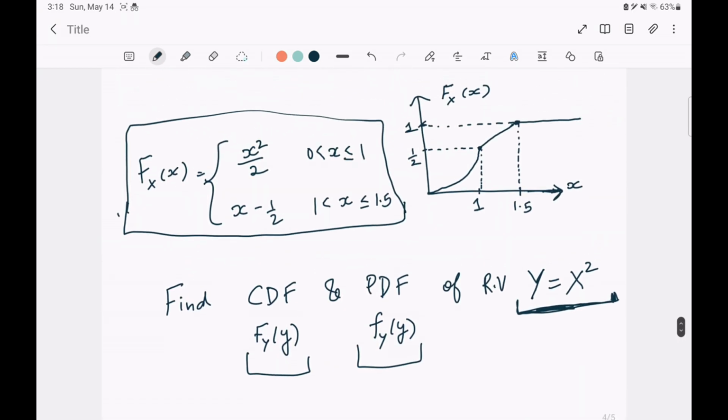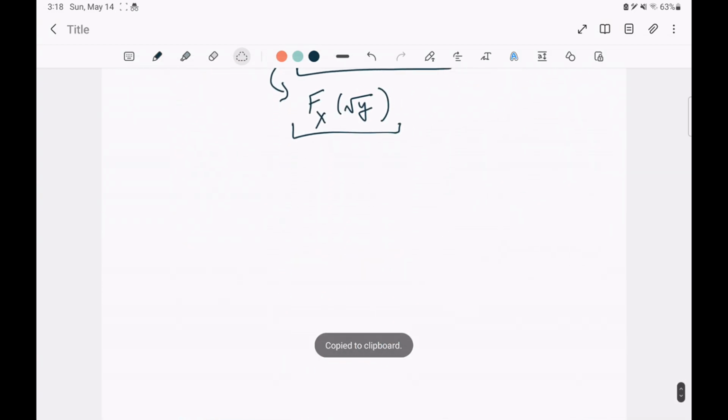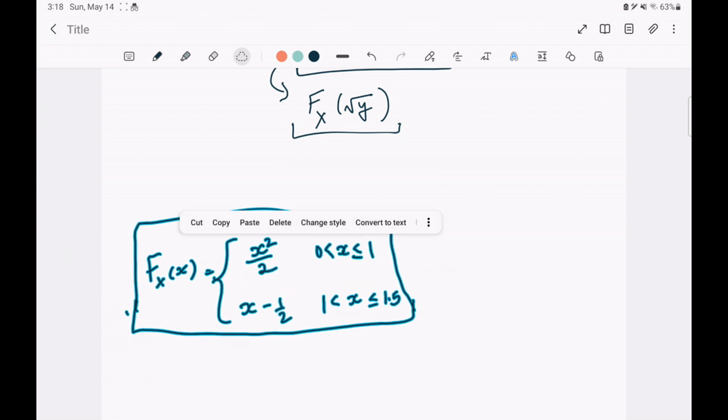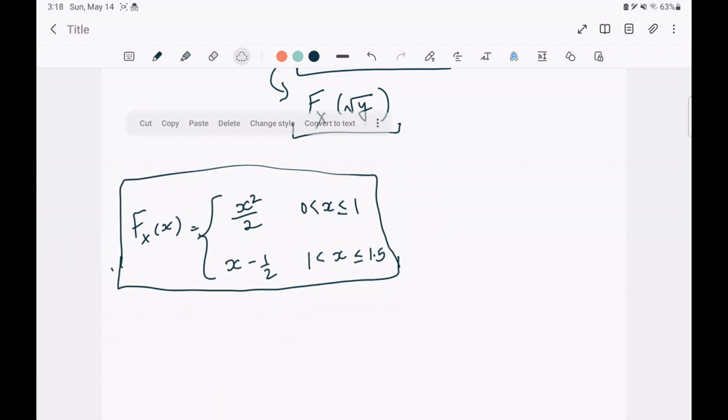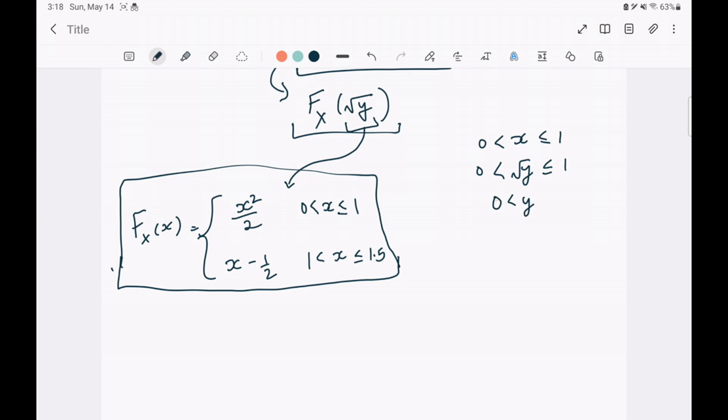We know that this was the cumulative distribution function of x. So we can place this here, and similarly formulate the cumulative distribution function of y. Just replace this value, square root of y, in here. For the range where small x lies between 0 and 1, y would also lie between 0 and 1.